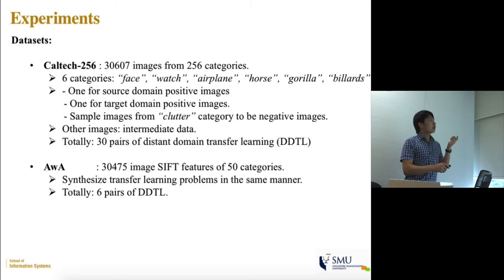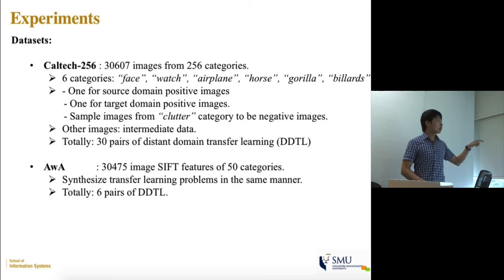And all other images from the unselected categories will be pulled into the intermediate domain instances, with no labels. Totally they have 30 pairs of domain transfer learning tasks.